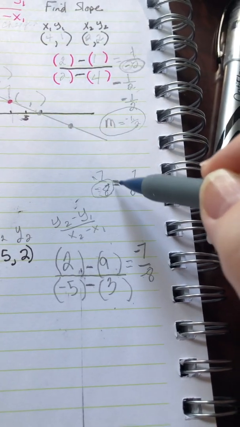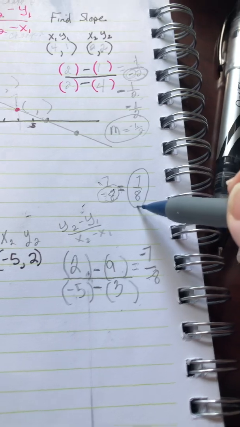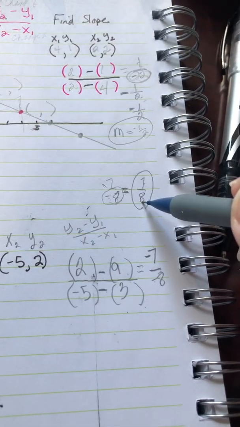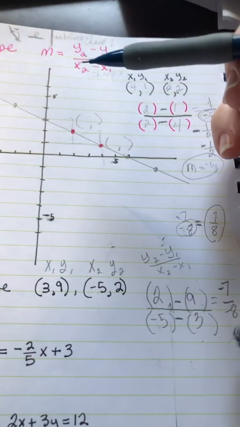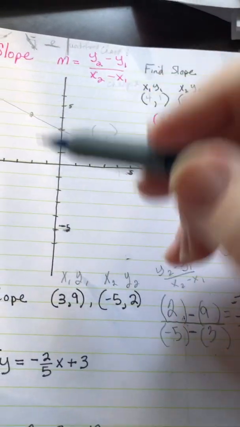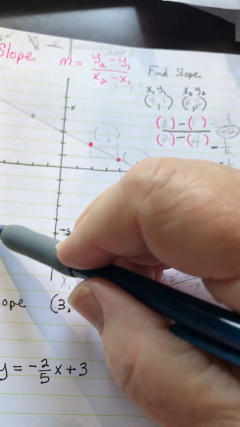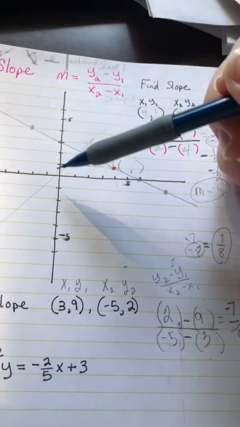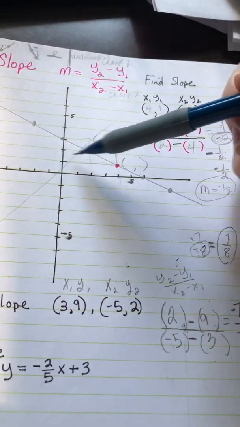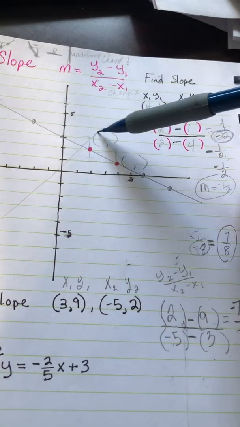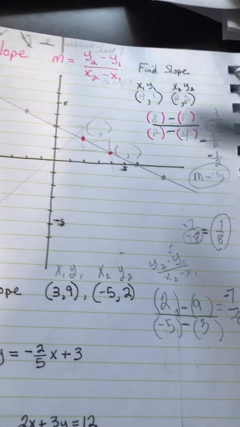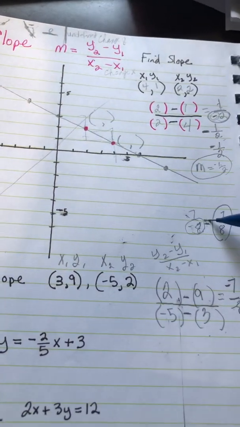Since both numbers are negative, just rewrite it as a positive. The slope is 7 over 8. And that means if the line was on a graph, it would be a positive one, starting low, going high, and to get from one point to another, it would say go up 7 and over 8, up 7 and over 8, and you would continually find points on that line.